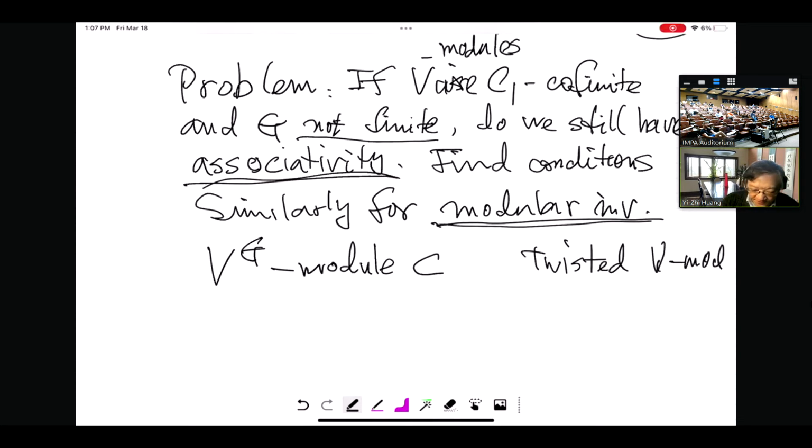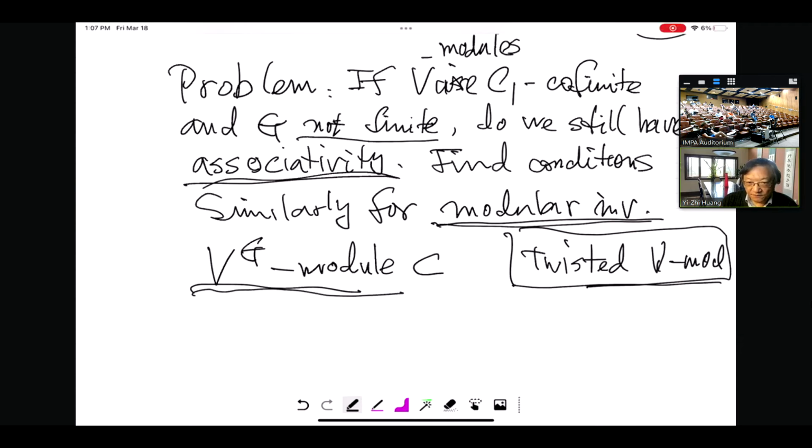So every V^G module is always contained in some twisted V module. Therefore, if we have a nice theory of these twisted V modules, then we can take some particular subspace to obtain V^G modules, and therefore obtain all the results on V^G modules. Eventually we get the original orbifold theory. Okay, so this is the idea.